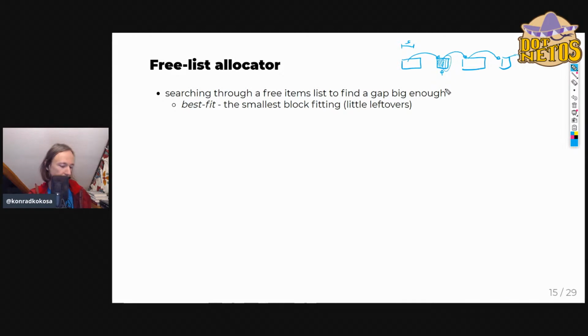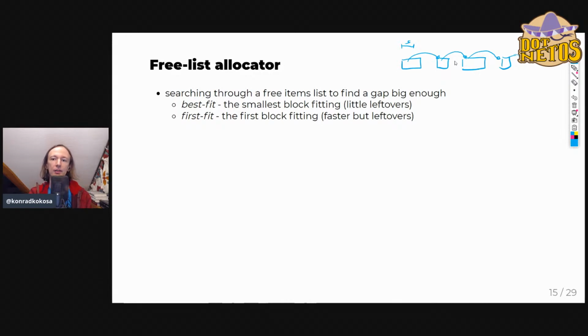So the leftovers will be the smallest possible with the best fit, but the overhead of finding it is pretty big, a linear scan of everything. Then we could imagine that we are not finding the best fit, but the first fit. So the first fit is the second approach.